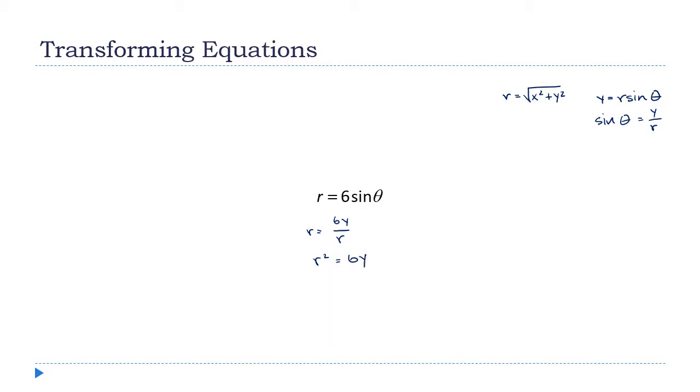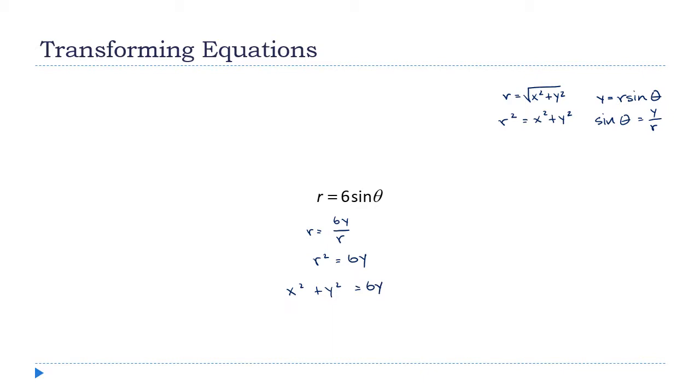Good, that's progress. Come back up here to my formula for r. If you square both sides of this, r squared equals x squared plus y squared. Excellent. Put that in here. x squared plus y squared equals 6y.